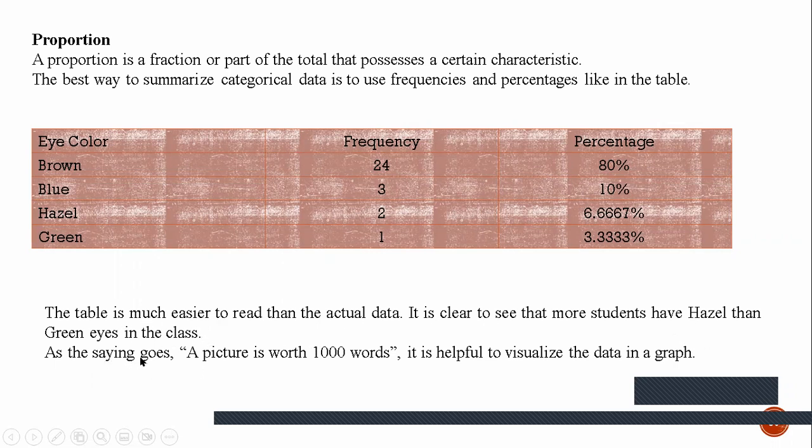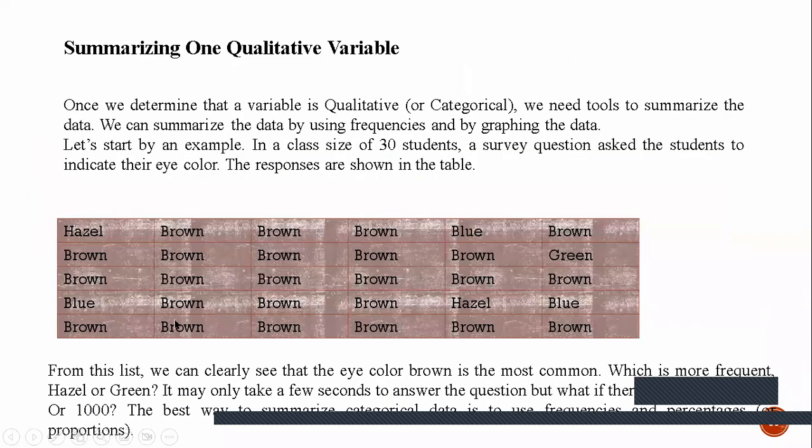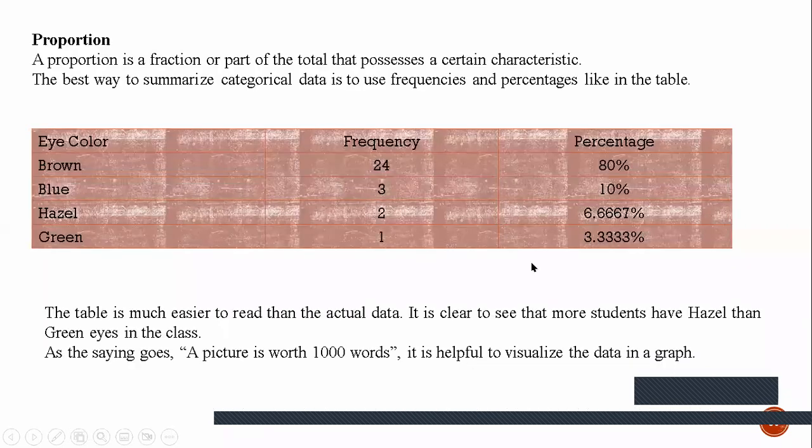As the saying goes, a picture is worth 1,000 words. It is helpful to visualize the data in a graph. So rather than deriving those answers manually, it's better if we can draw a table like this and provide the answers.